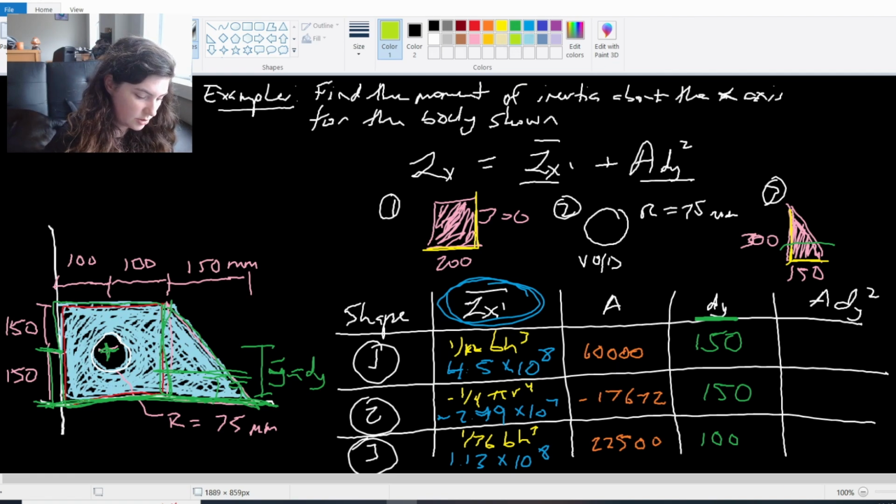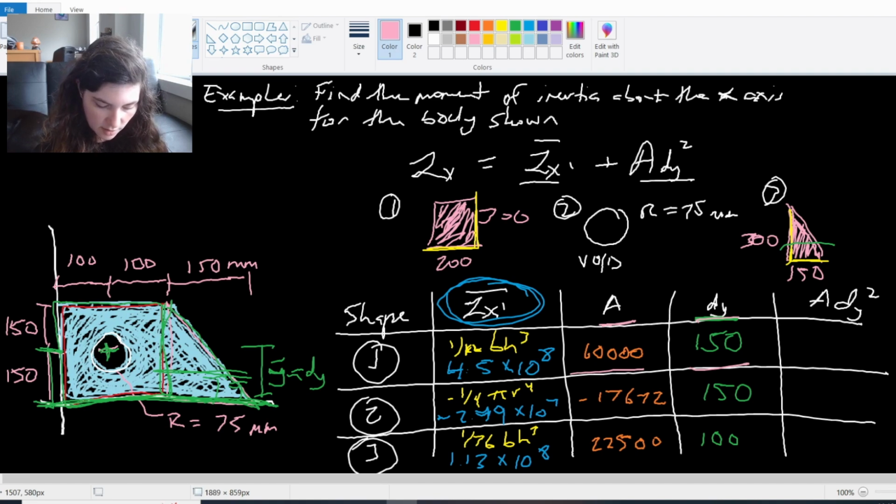Finally, our last column is just the multiplication of A times dy squared. We punch this into our calculator: 60,000 times 150 squared gives 1.35 times 10 to the 9th. Then I just go on down.